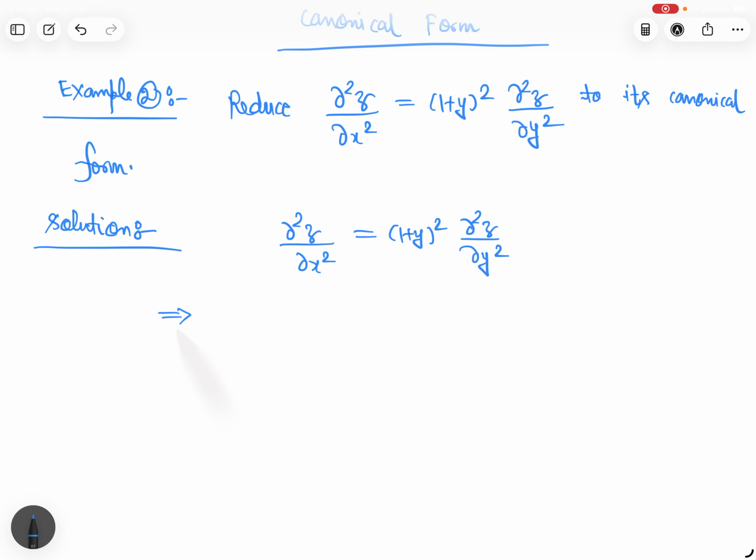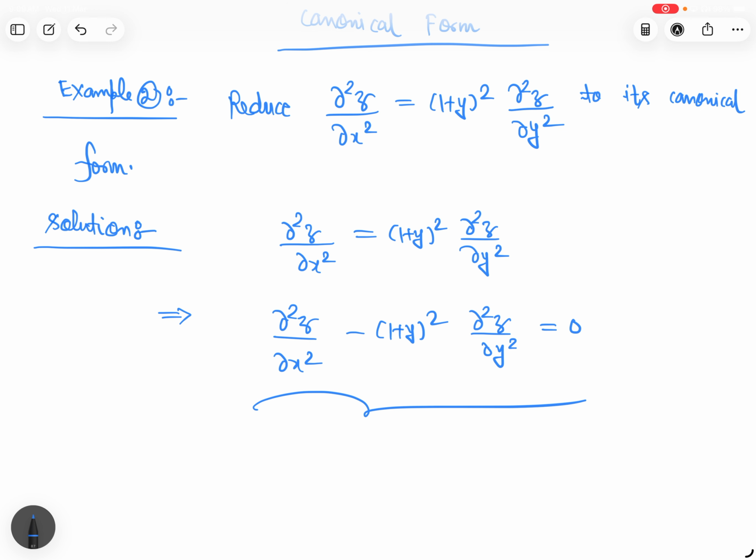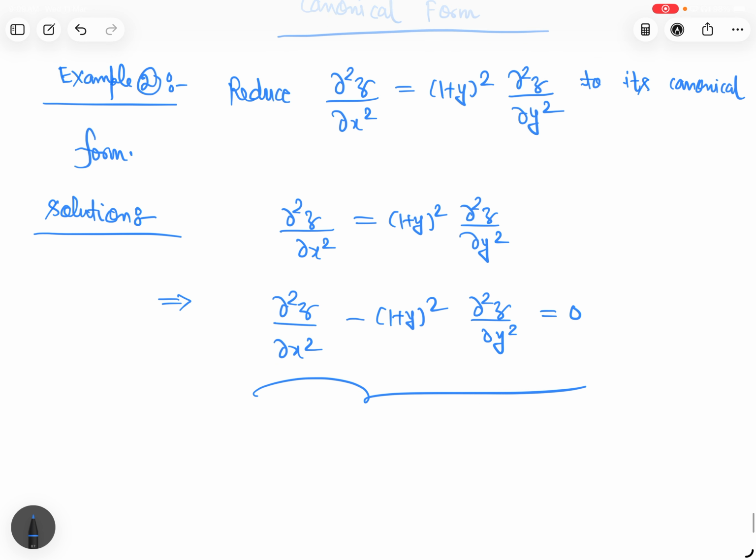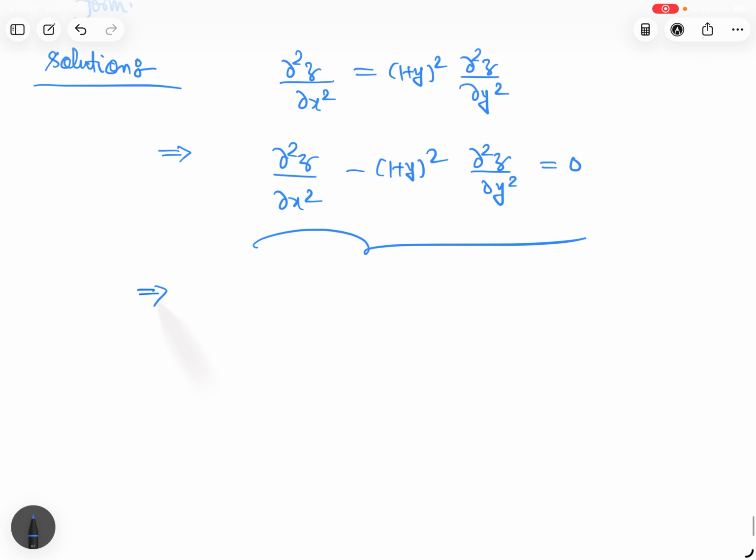So we will get del square z by del x square minus 1 plus y square del square z by del y square equals 0. Now change it to RST form. This is r, and this is 1 plus y square t equals 0.